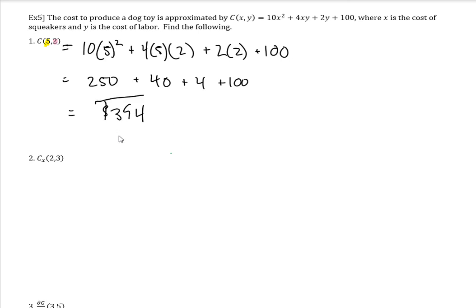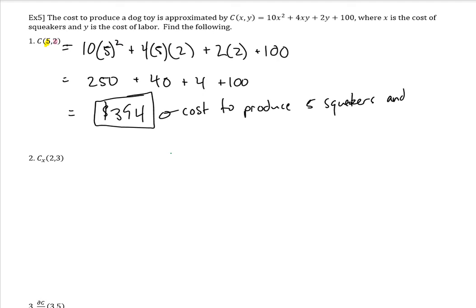And we'll assume it's in dollars. So 394. What this means is this is the cost to produce. x is the cost of squeakers, so 5 squeakers, to produce 5 squeakers with 2 people of labor.